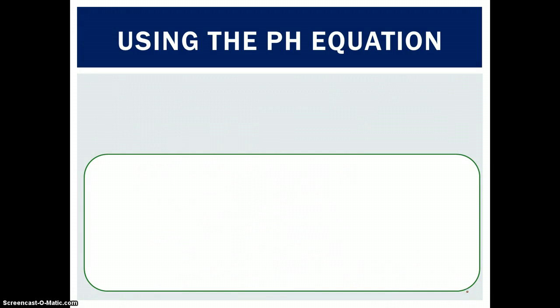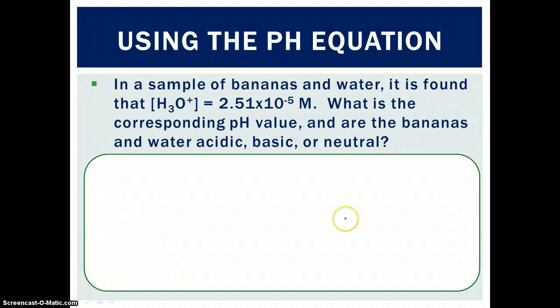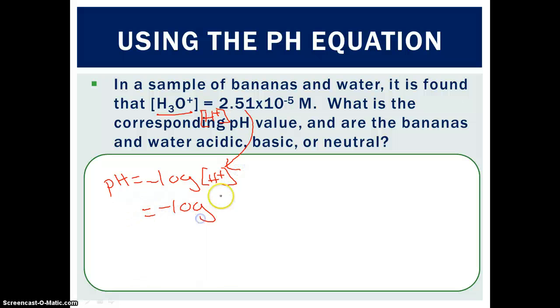Alright, one more example. This time, I'm given the hydronium ion concentration, which is the same as my hydrogen ion concentration. So I have this equation. All I need to do is plug that number in. Minus log 2.51 times 10 to the negative 5.